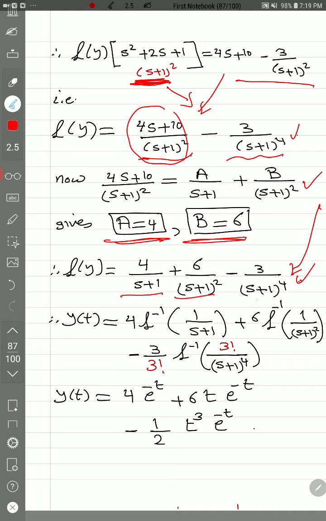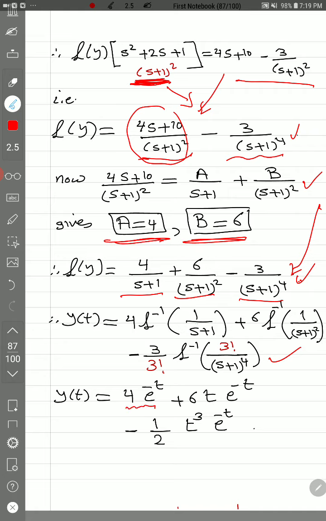Each term, we take it alone, and we go to the table for each term. And as you see in the last term, again, I multiply by 3 factorial and I divide by 3 factorial here to get it in this form of the table. And straight direct application of exponential will give you the first term.